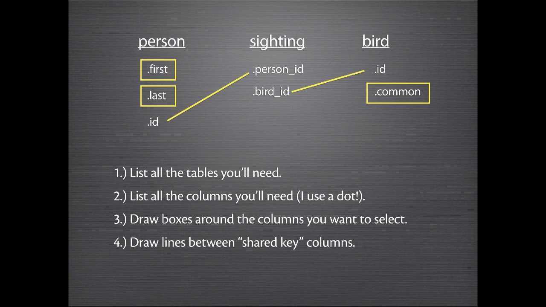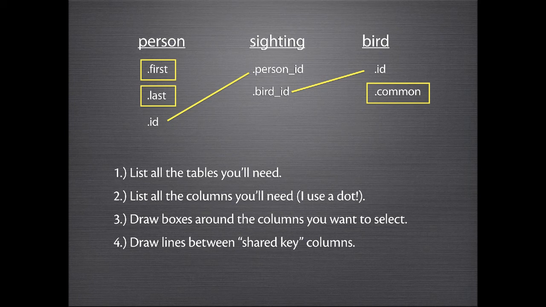And then what I do is I draw lines between the shared keys. So for example, in the person table, that .id is, if we remember, the primary key of the person. And the primary key of the person gets copied into the sighting table as a foreign key where we call it person_ID.